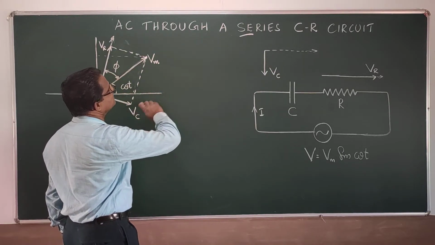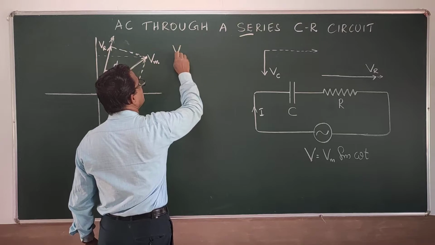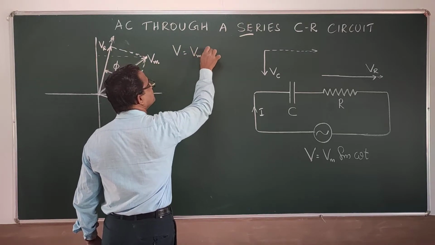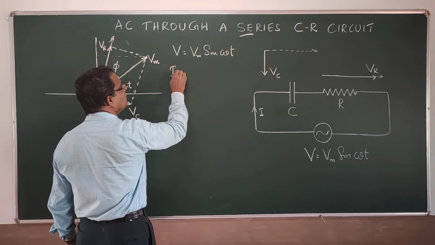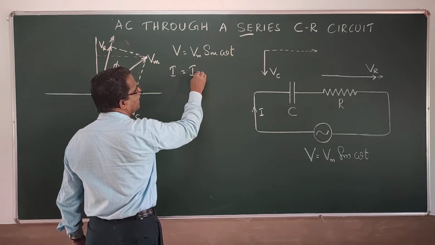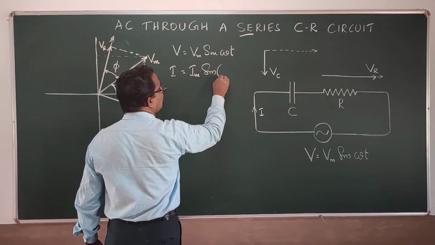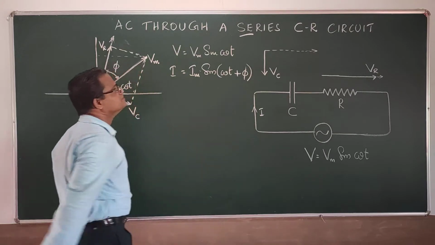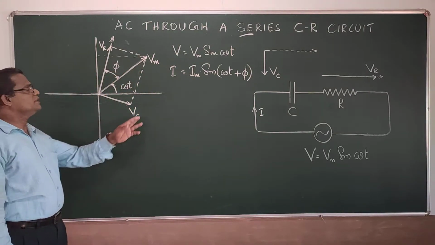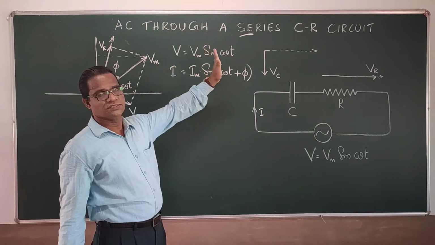Therefore, from this you can see that V equal to Vm sin omega t, then I will be equal to Im sin (omega t plus phi). So you got the instantaneous current and voltages.